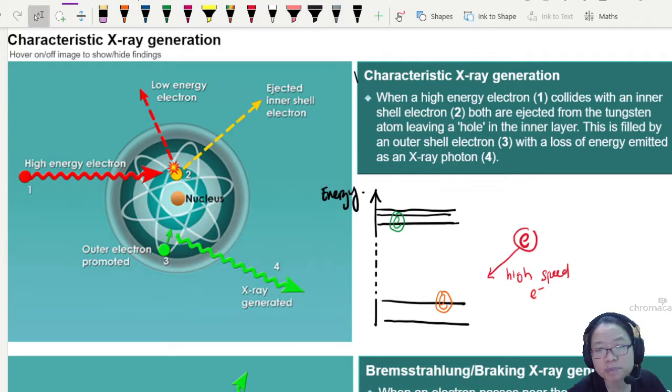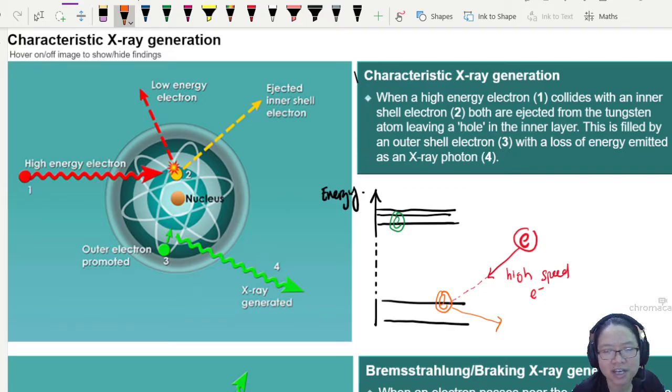And your high-speed electron is headed right towards this electron in the inner shell. Dot, dot, dot means many energy levels I didn't draw. So I just drew one in the outer orbits, the green one, and the orange one is in the lower orbit. So if this high-speed electron picks out this orange one, because it's low energy, when the high-speed electron comes in, this one will be kicked out.